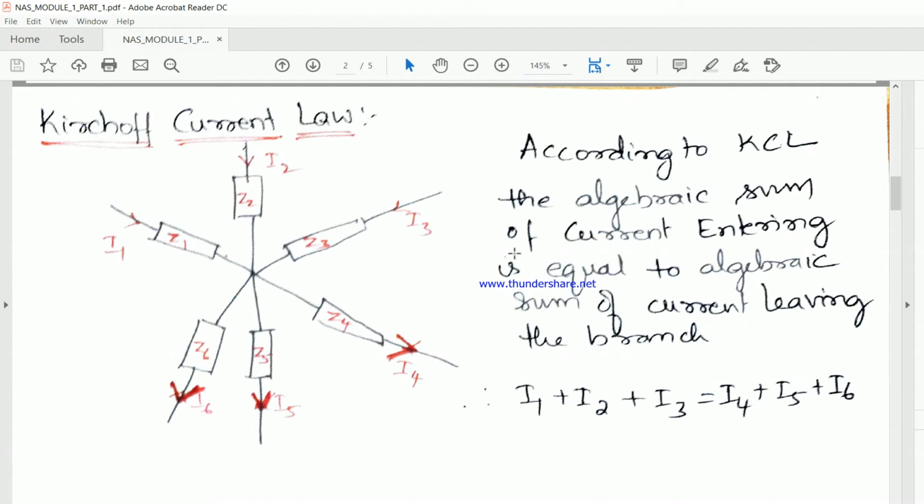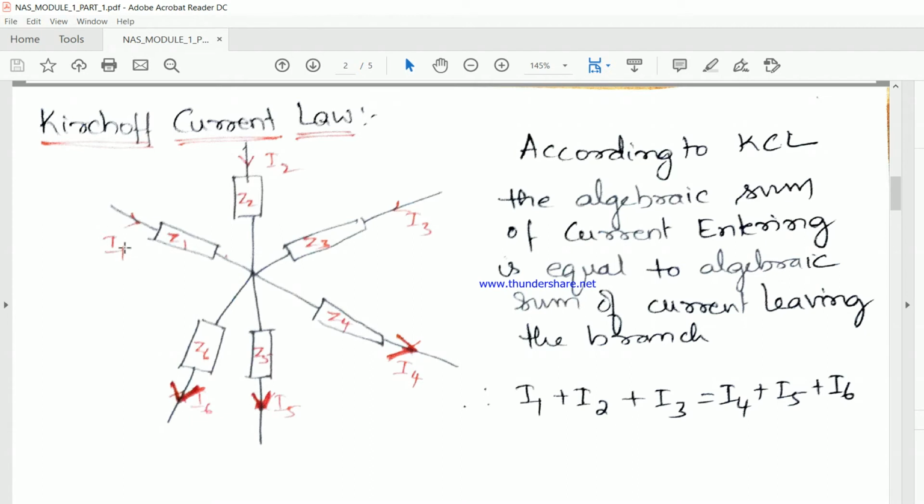Now, what is the current law? The current law says the algebraic sum of current entering a node is equal to the algebraic sum of current leaving the node, or leaving the branch, anything you can say. Here I1, I2, I3 are entering this particular node, whereas branches I6, I5 and I4 are leaving this particular node.